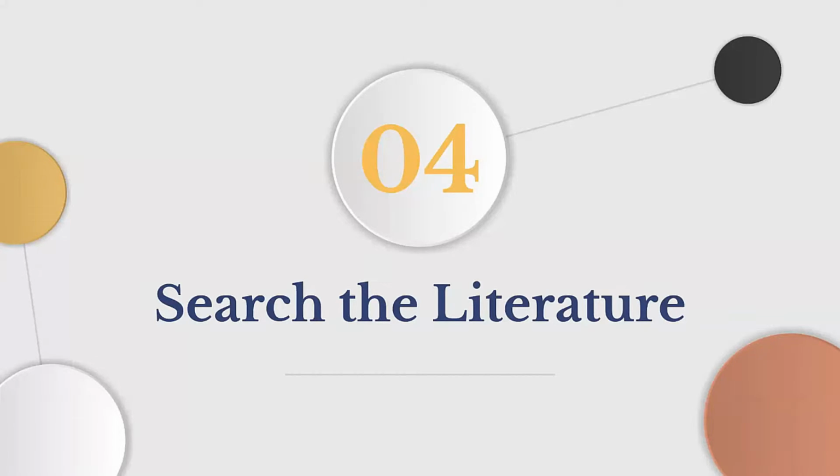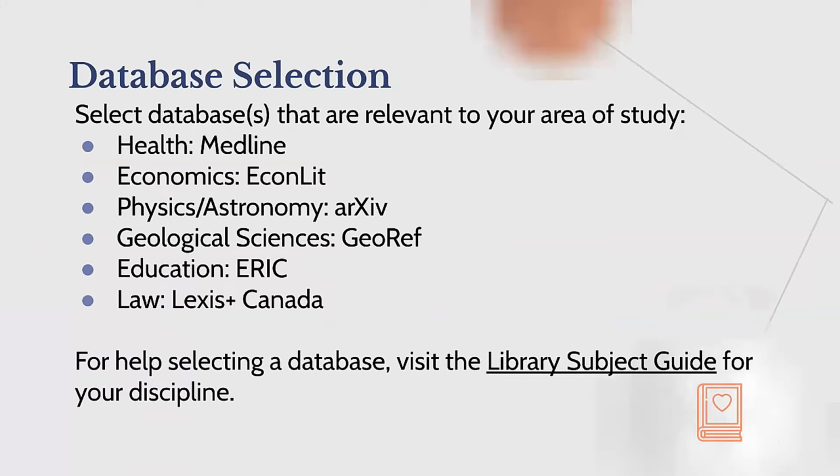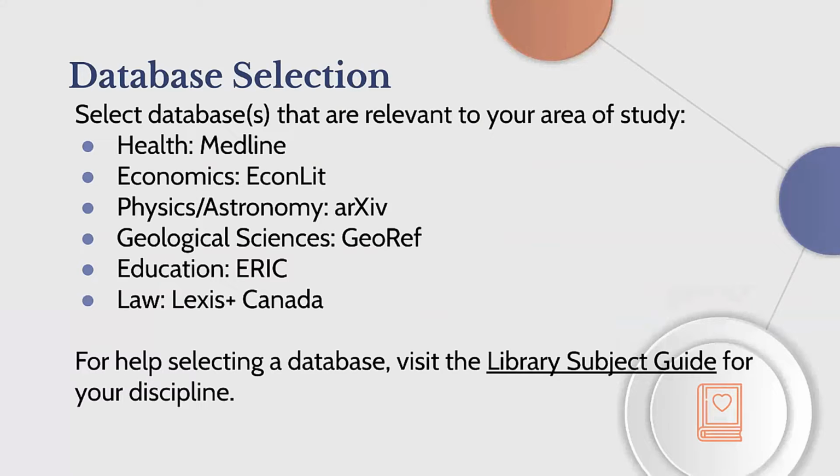How do we do that? You're going to want to select a database or databases that are relevant for your area of study. We just listed a couple examples here. So Medline for health or arXiv for physics and astronomy, ERIC for education. There's all sorts of different databases you can use.